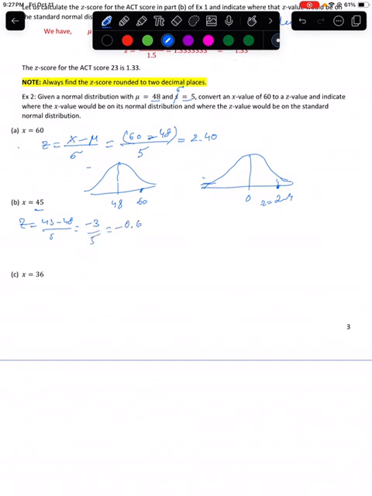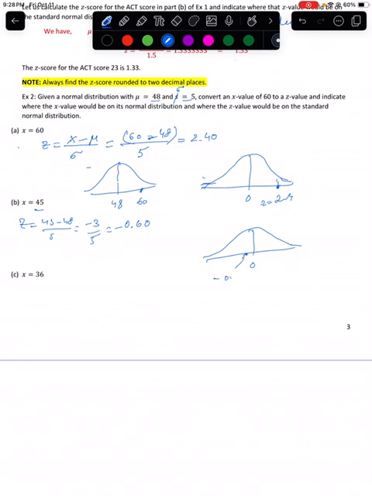So how will you show it on the number line? So this is the 0, and somewhere here will be negative 0.6. Okay, I hope you understand what I am doing here.